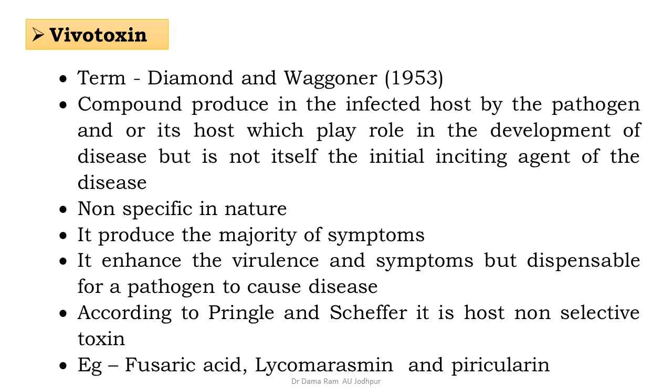Next one is the vivotoxin. The term vivotoxin was coined by Diamond and Wagener in 1953, and it is a compound produced in the infected host by the pathogen and or its host, which plays a role in the development of a disease, but is not itself the initiating agent of the disease.